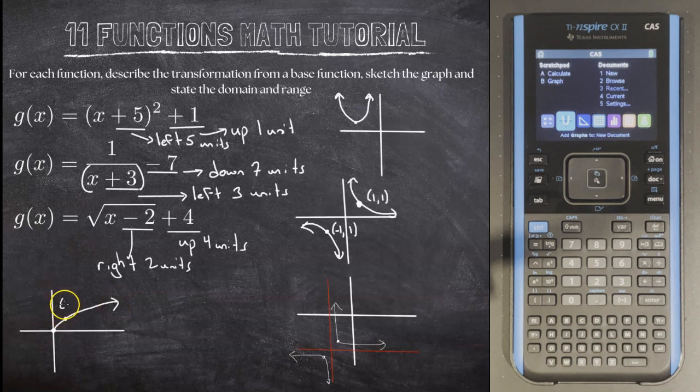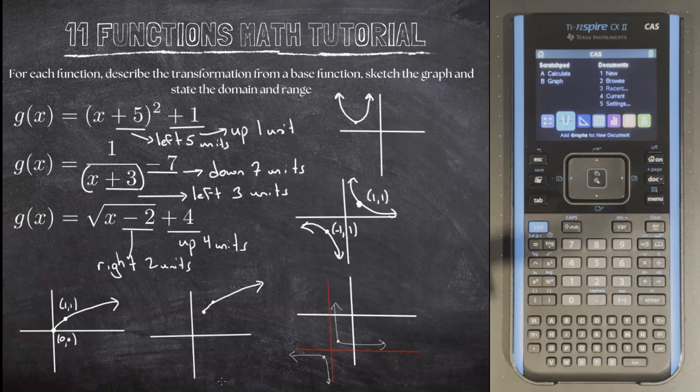And we also have the point 1, 1 as well. So let's translate those ones for our rough sketch. If I do that, 0, 0, we go up 4 and right 2, so somewhere around there. And 1, 1 is here, so it looks like something like this.